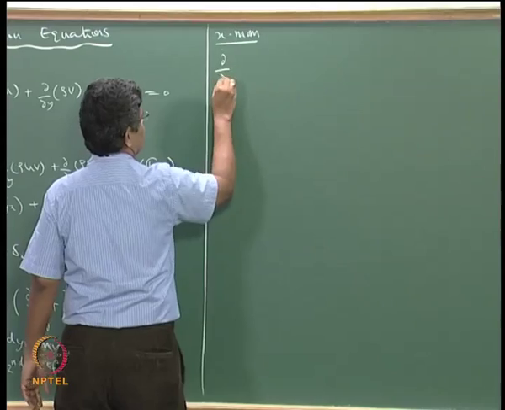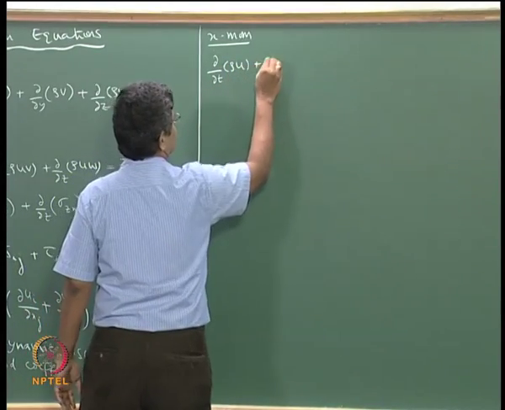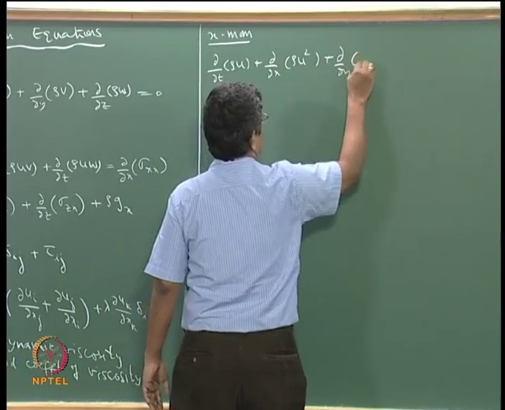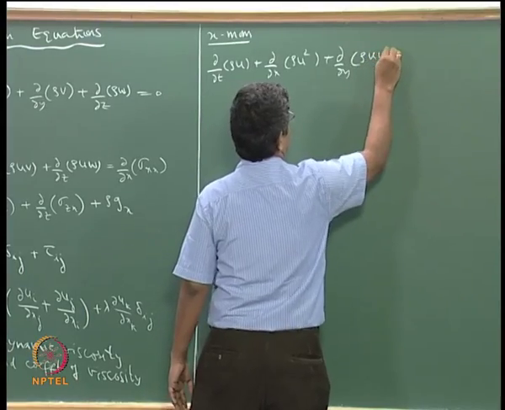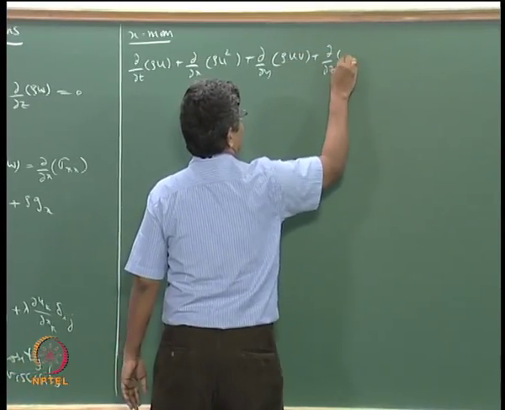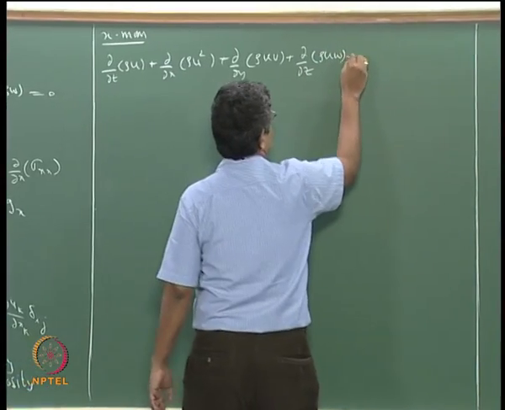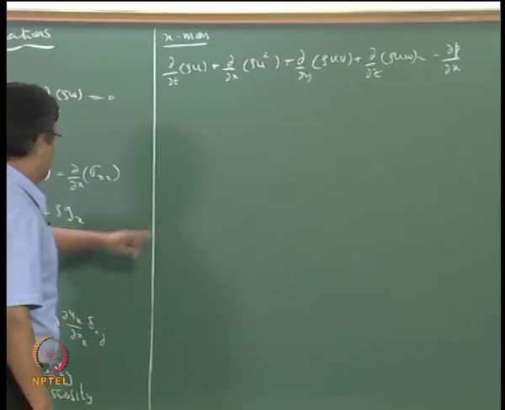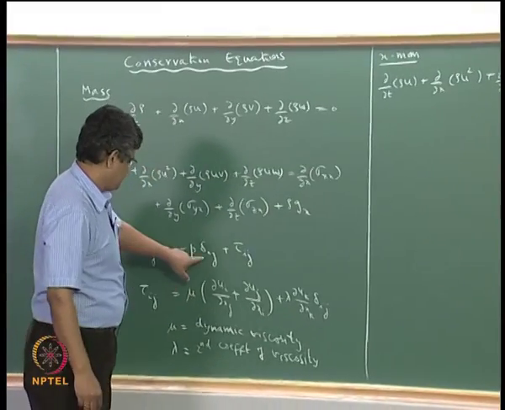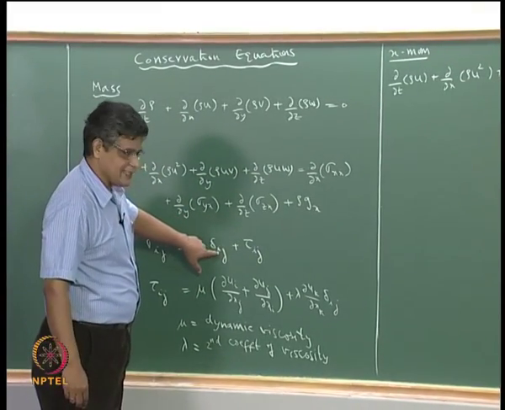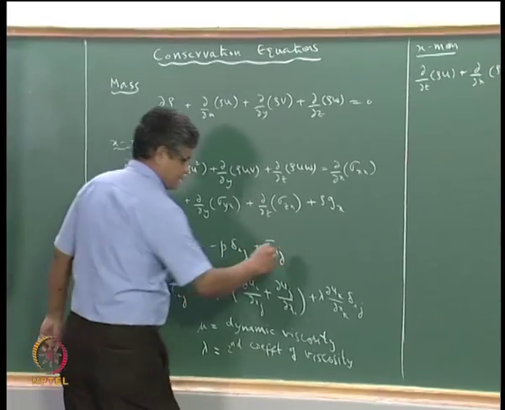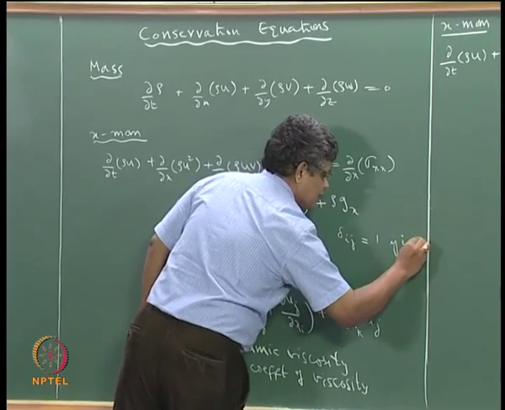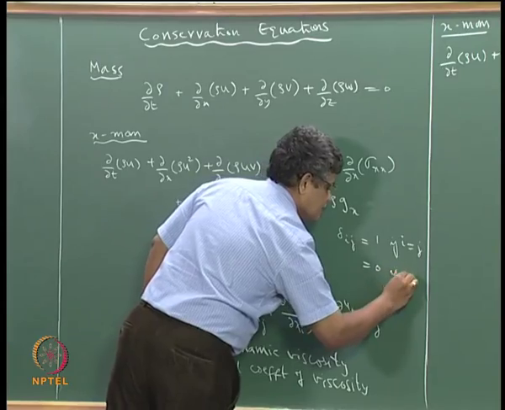We can finally get an x momentum equation like this. The P coming from minus P here, we know that delta ij is the Kronecker delta, where delta ij is equal to 1 if i is equal to j, and it is equal to 0 if i is not equal to j.